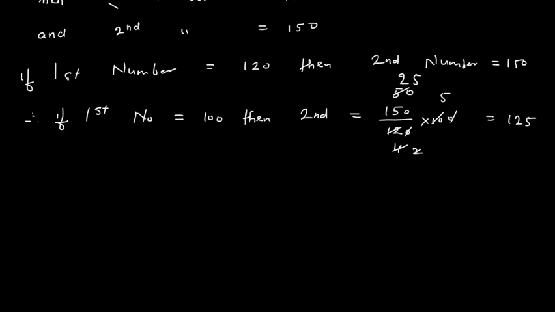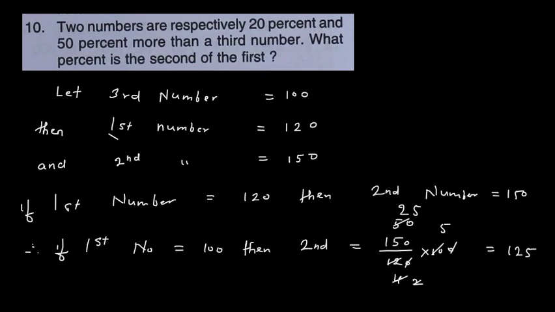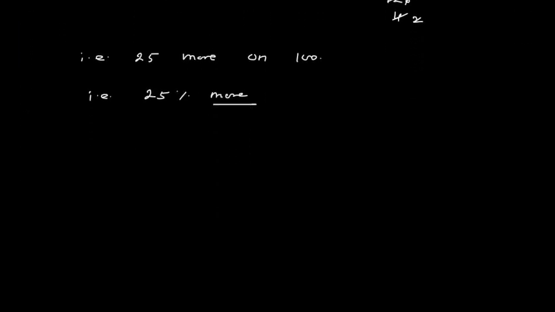Okay, so therefore that is 25 more on 100, that is 25% more. So the question, what percent is the second of the first? Therefore the second number is 25% more than the first number.